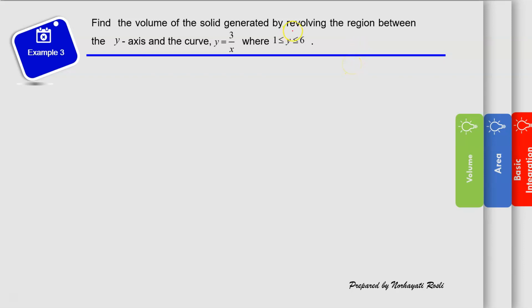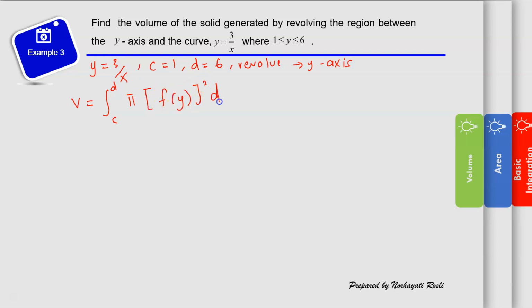So for this one we have y equals 3 over x, our c equals 1, our d equals 6, and we want to revolve our shape about the y-axis. That means you have to use the formula volume equals the integration from c to d of pi, and in this bracket should be f(y) to the power of 2. You integrate with respect to y because we revolve about the y-axis.